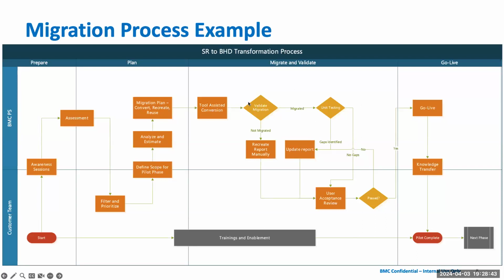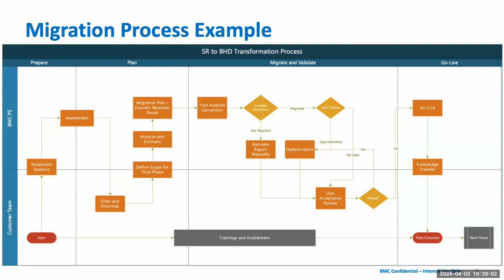Now, the migration team, so PS, like I said, or it could be your in-house teams, once they do their own gap analysis, they see how it compares with smart reporting, not the look and feel, but the data. Does the data make sense?